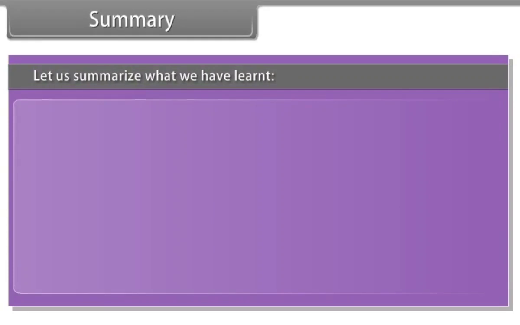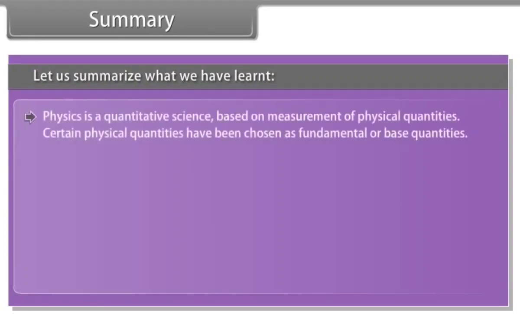Summary. Let us summarize what we have learned. Physics is a quantitative science based on measurement of physical quantities. Certain physical quantities have been chosen as fundamental or base quantities.